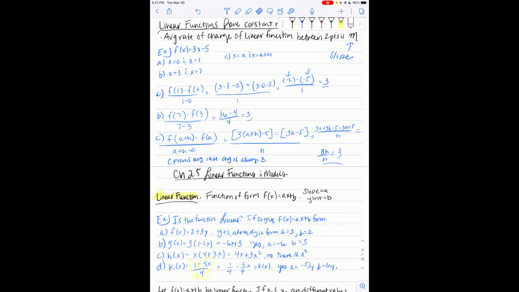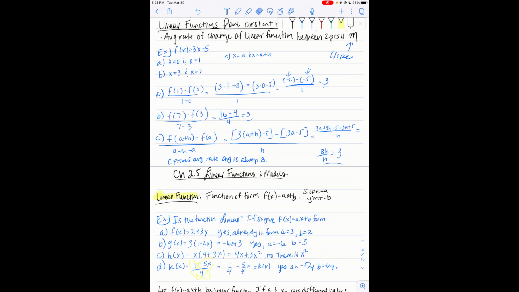So now we're going to go ahead and prove that the average rate of change is always going to be 3. So I have f of a plus h minus f of a over a plus h minus a. Remember, our a plus h is like our x value. So I plug it in.